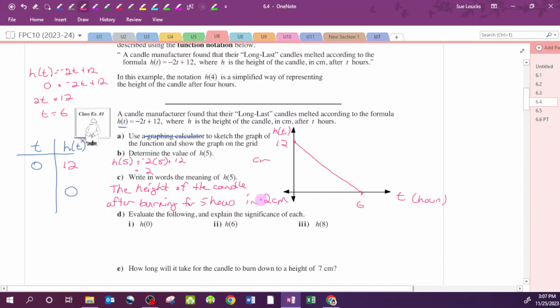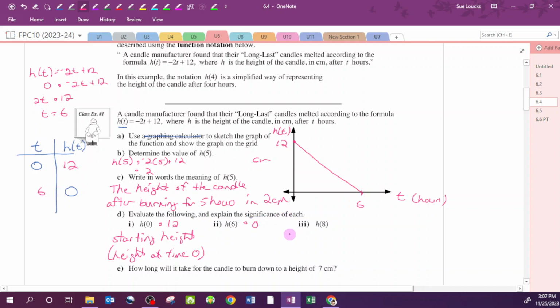Evaluate the following and explain the significance of each. Well, we already did this, h of 0, so that equals 12, and that's the starting height of the candle. That's the height at time 0. h of 6, we did that as well, and that was 0.